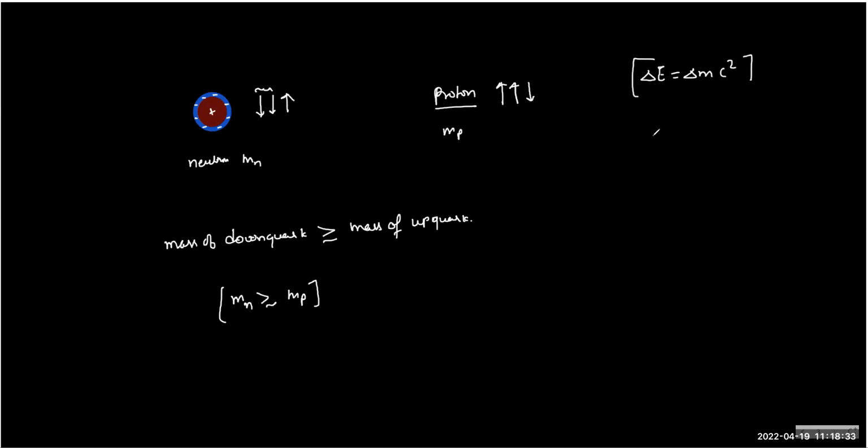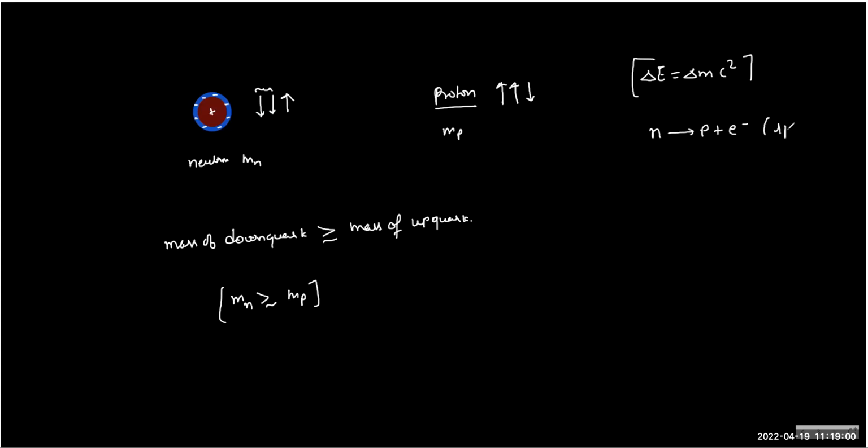So it is easier for neutron to transit into proton, but the vice versa is not easier. I'm not saying it's impossible, but if I want to convert the proton into neutron, then there must be some method to supply the required energy, because you're trying to create some extra mass.